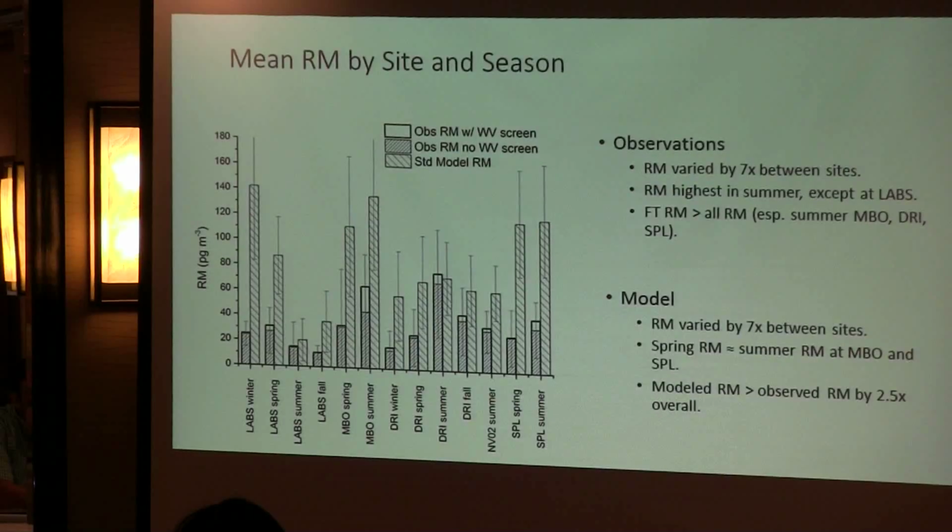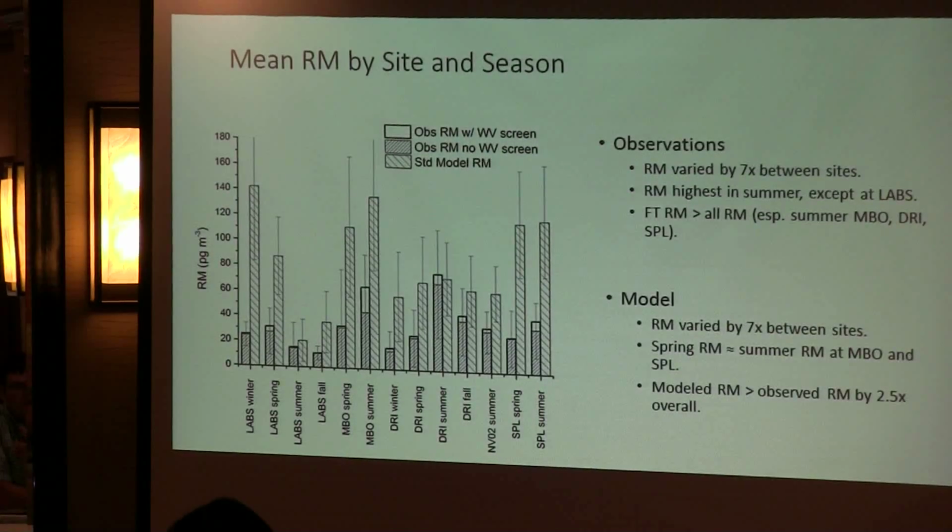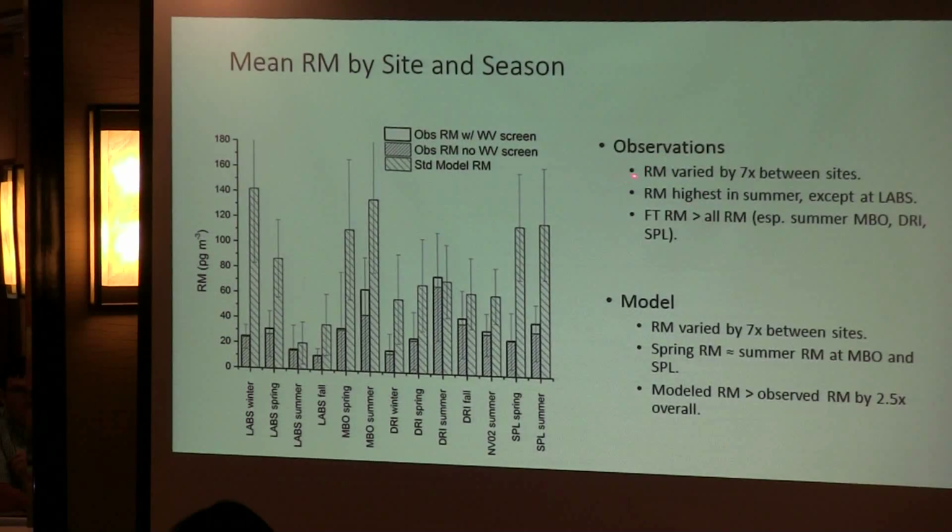Okay, so let's look at reactive mercury here. Quite a variation between sites and a pretty large offset between the observations and the model. However, in the observations, reactive mercury varied by about 7 times between the sites, and there was also about a factor of 7 variation between sites within the model.